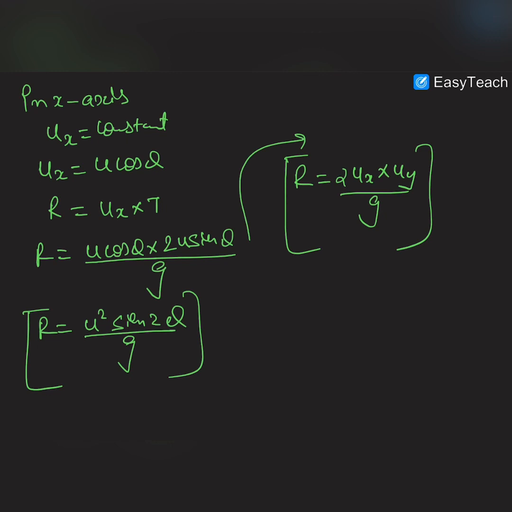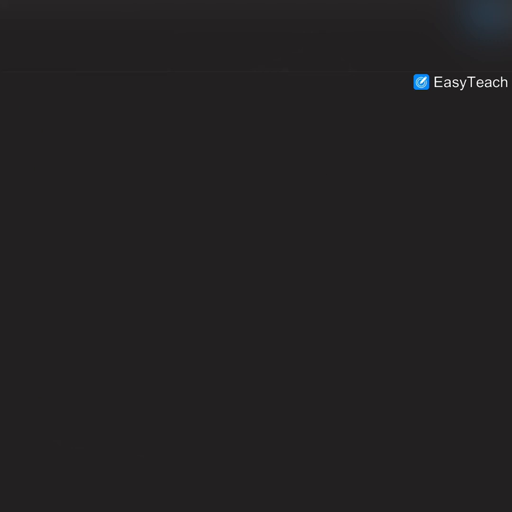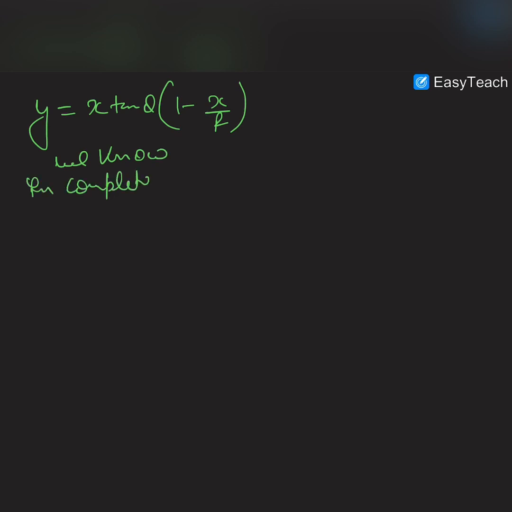Now let us move on to a different method of these derivations. So let us discuss that method. We know that the equation of trajectory is y equals x tan theta into 1 minus x upon R. In complete motion, the displacement along the y-axis is 0.